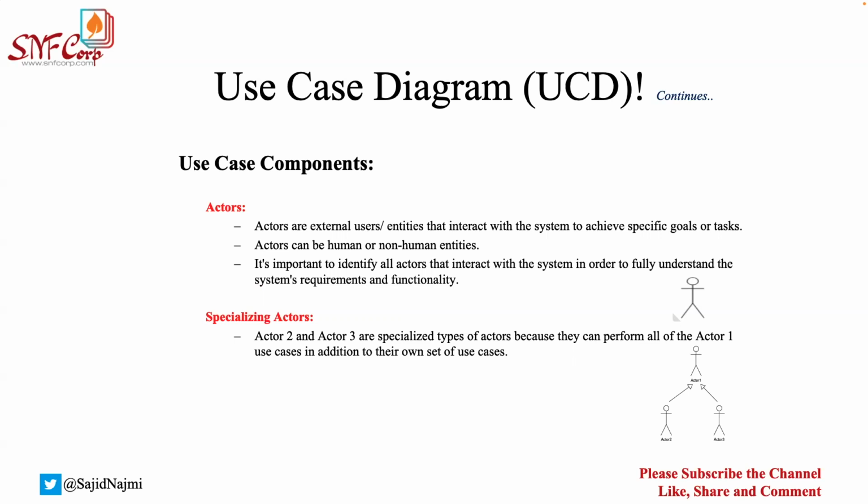The primary actor is someone who is doing the primary actions. For example, the user, the ATM card holder who is inserting the card and doing different actions. So that ATM card holder will be the primary actor. Now there will be a secondary actor as well. As I said, an actor could be a human or a machine or some code. The human actor is someone who is inserting the card and entering the PIN number.